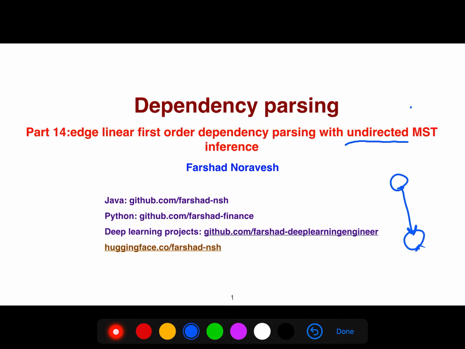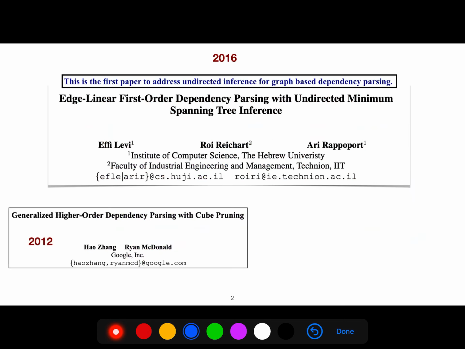But we are using a trick. We use it for an undirected graph, then we convert it to directed, and then we modify that. This article is from great people at Hebrew University. This is the first paper to address undirected inference for graph-based dependency parsing.